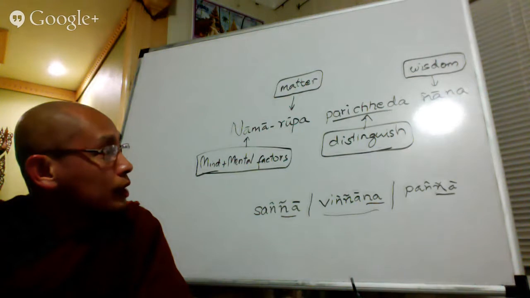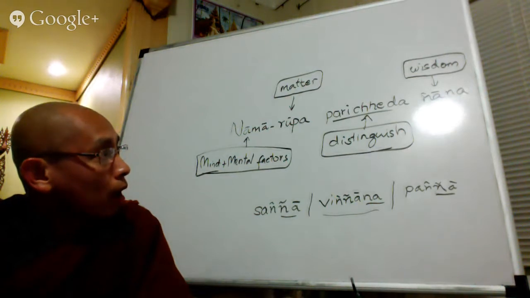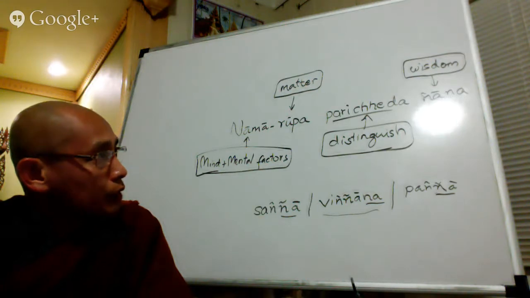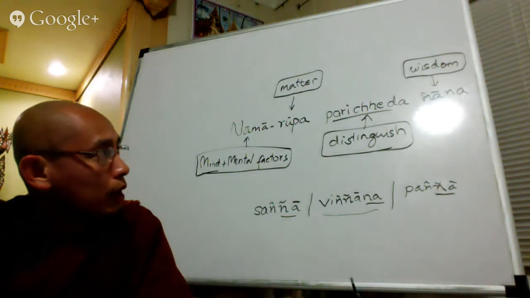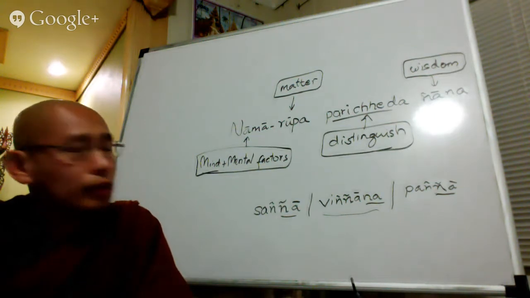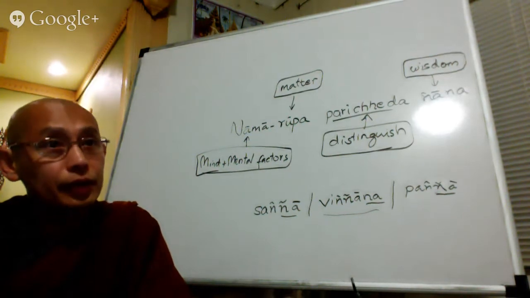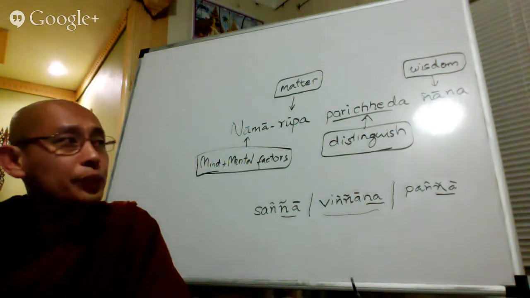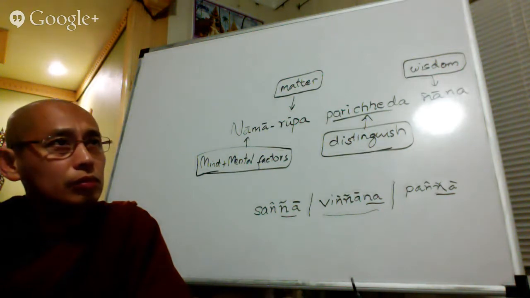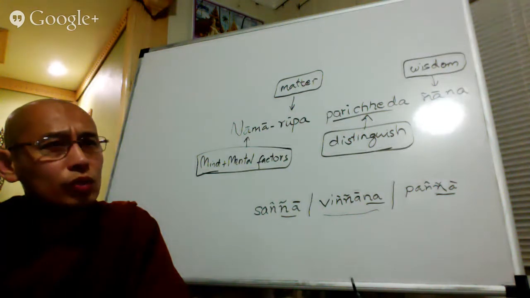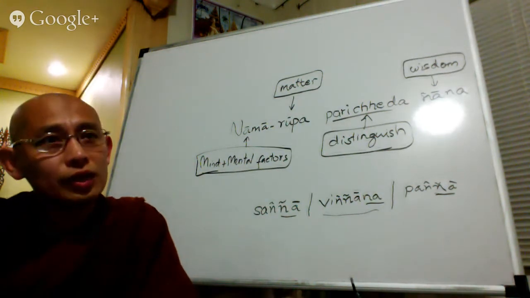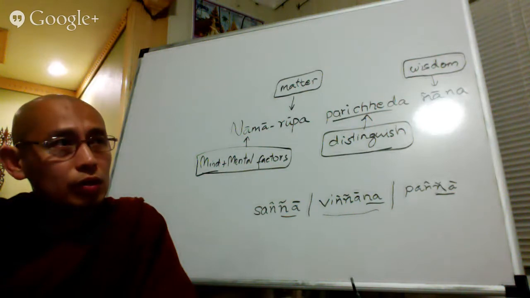Wisdom is associated with the beautiful mind, but not all beautiful mind, only with wisdom, with knowledge. In the sense sphere, only 12 types of consciousness.